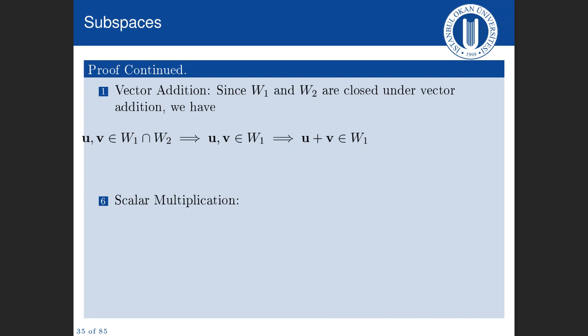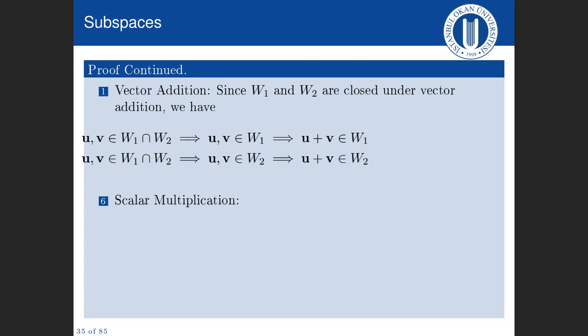For vector addition, remember we know that both W1 and W2 are closed under vector addition because they're subspaces. If U and V are vectors in W1 intersection W2, then they're both vectors in W1, so we can add them together and we know we're still in W1. Likewise, U and V must be in W2.